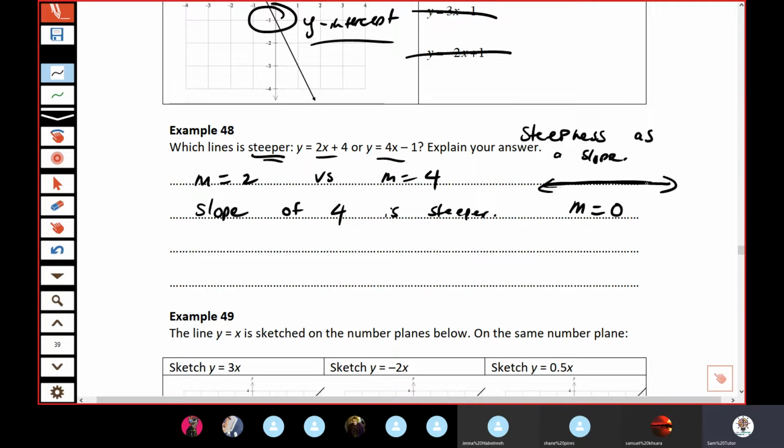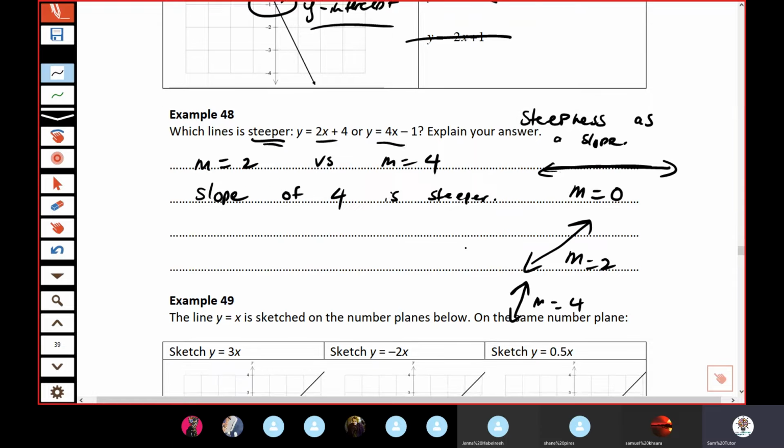If I increase the steepness, so let's say now m is 2, that's a lot harder to walk on. If I increase it even more, let's call it m equals 4, that's even steeper than the second one, and obviously steeper than the first one. So the larger the gradient, the steeper it is. The smaller the gradient, the flatter it is. Make sense, Samuel? Yeah. All right, all good.